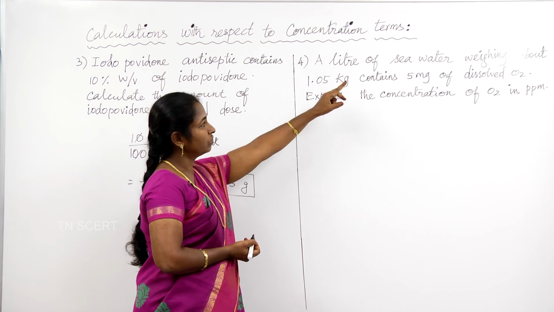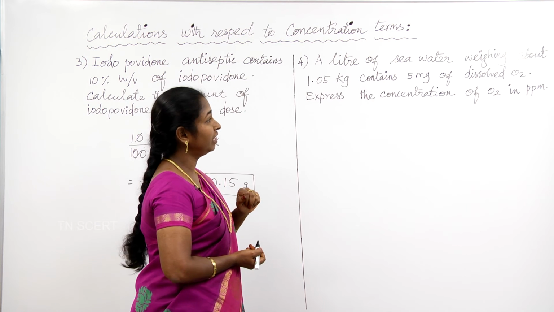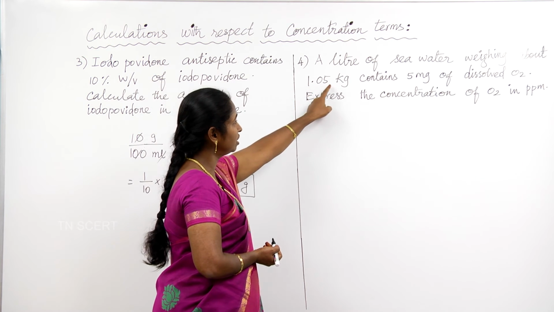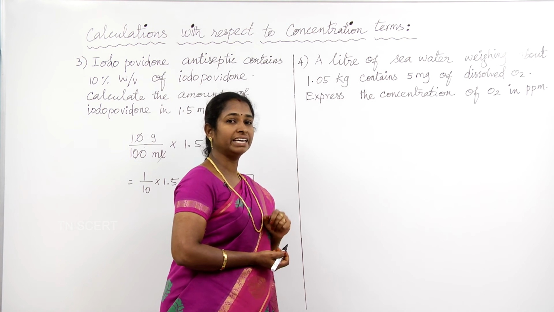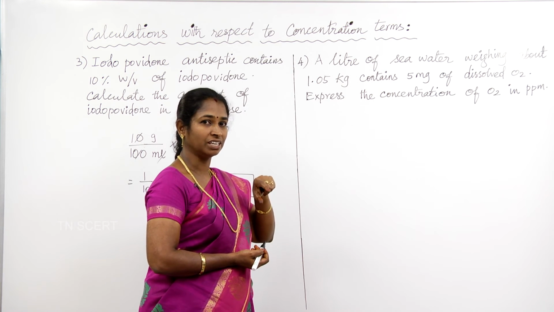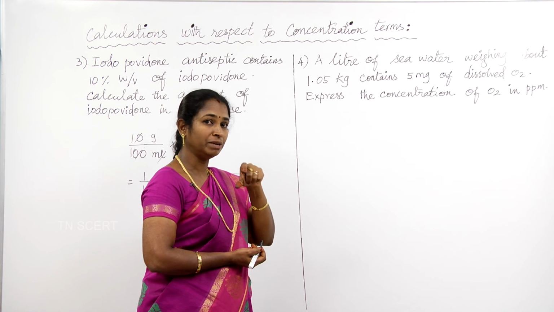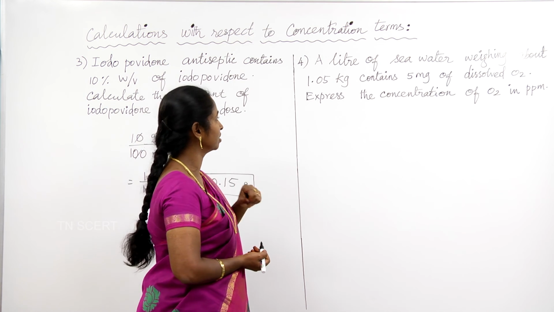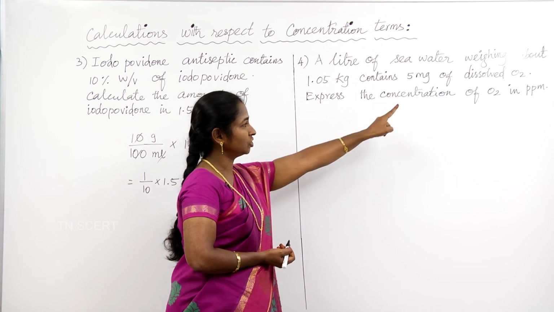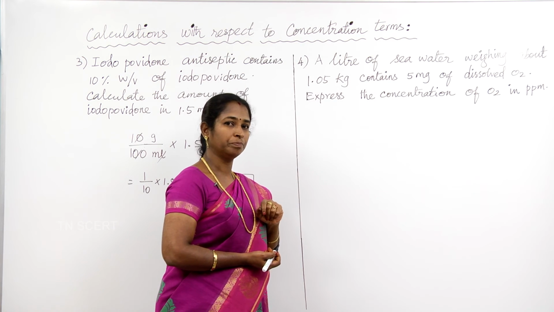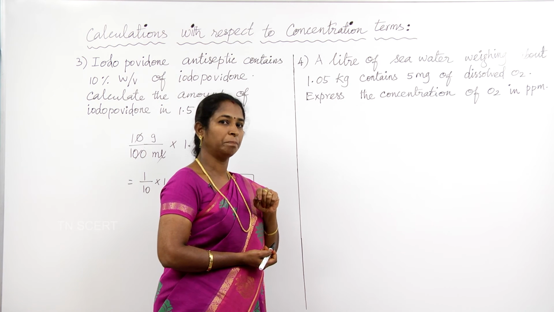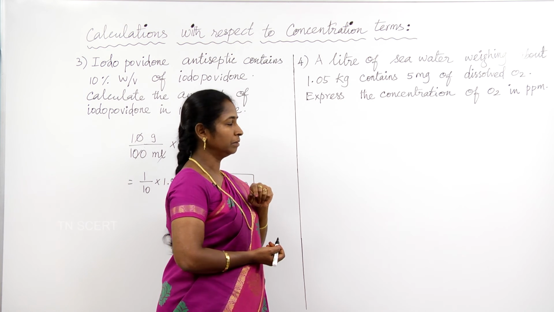A liter of seawater weighing about 1.05 kilogram contains 5 milligram of dissolved oxygen. Express the concentration of dissolved oxygen in ppm. ppm means parts per million.